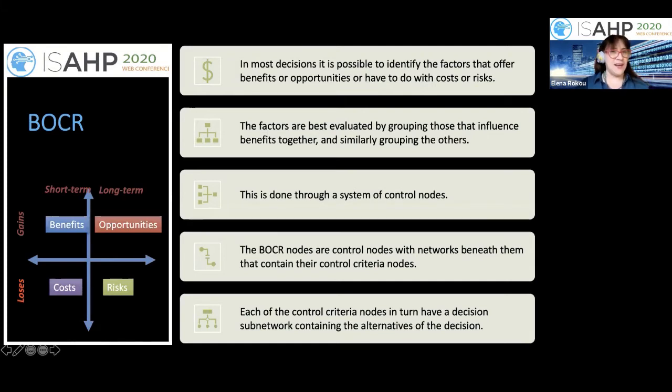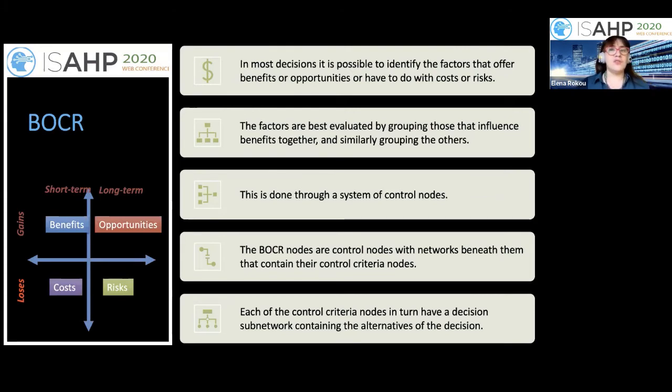It's a bit similar, but at the same time, it gives you a little bit more to work with. In most decisions, it's really possible to identify the factors that offer benefits or opportunities. And it's also pretty easy to define where costs will be incurred and what kind of risks we can expect.